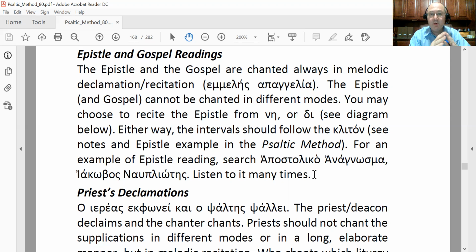Adelphi is always the same formula way, in the same manner, and the ending, the final cadence of the epistle, also has a very set melodic way or manner in which we chant it.